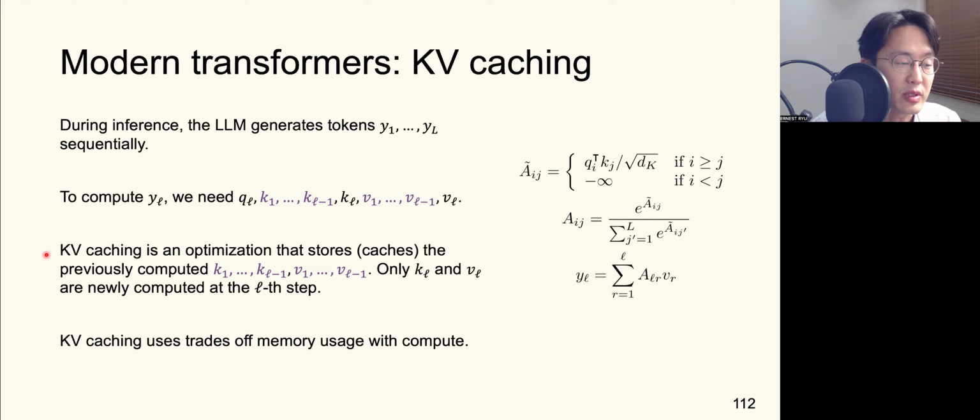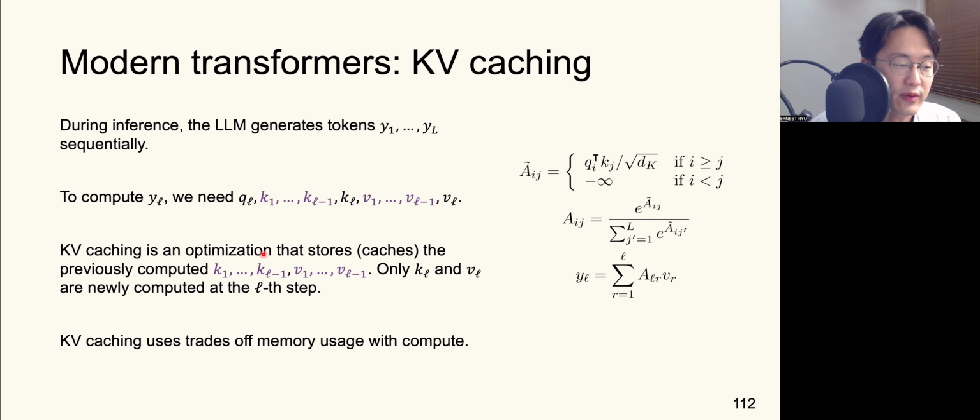KV caching is an optimization that caches the previously computed key and value vectors, so only the current key vector and the current value vector are newly computed at the current step.